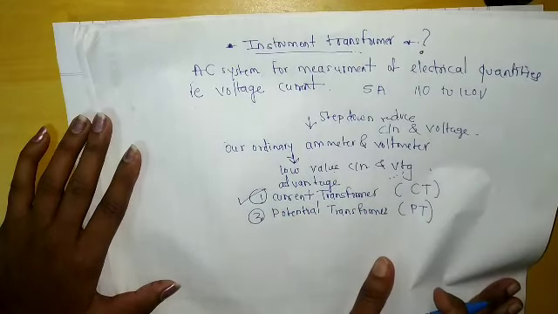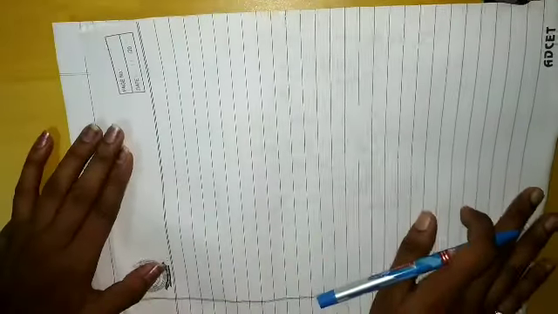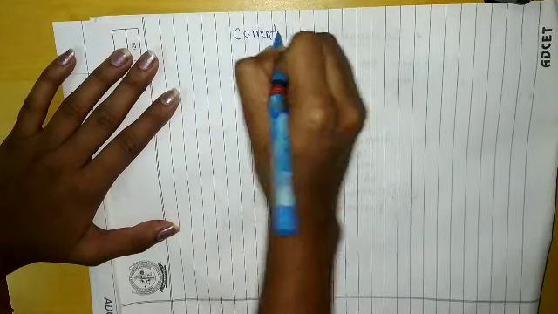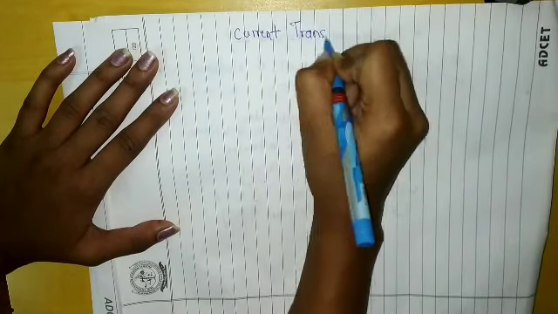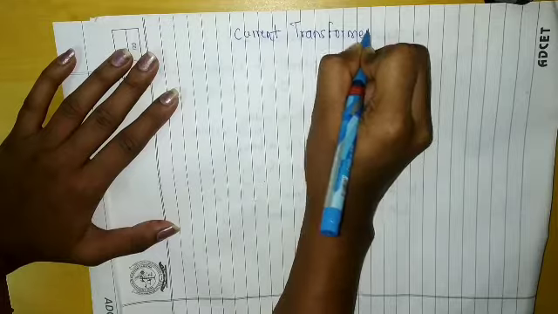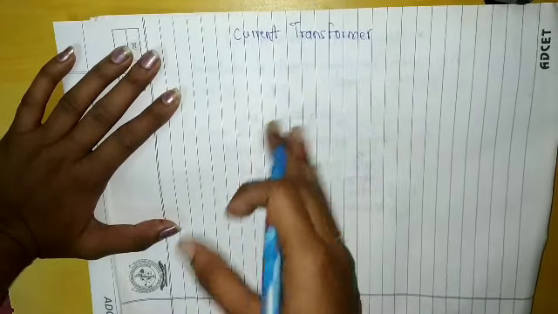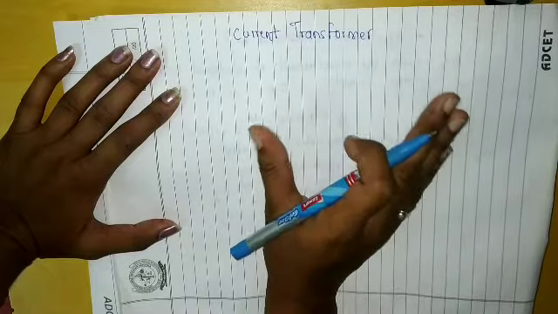Now first we will start with current transformer. We will see what is current transformer and how it works. Now I will write your current transformer. What is the basic principle of current transformer? To measure the high value of current, right?